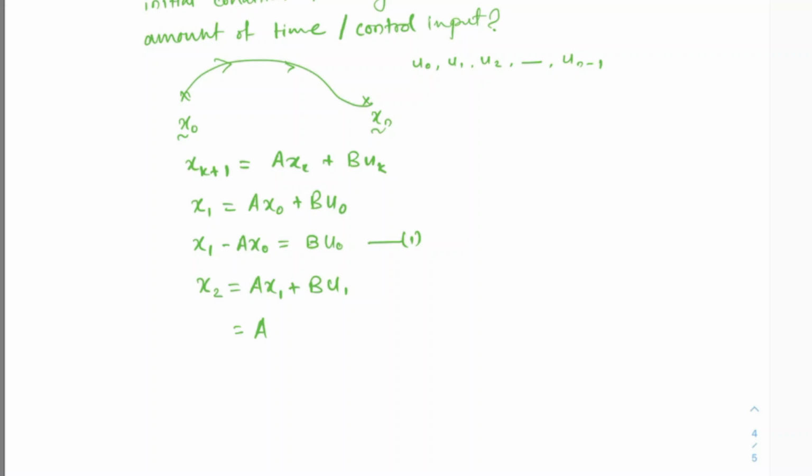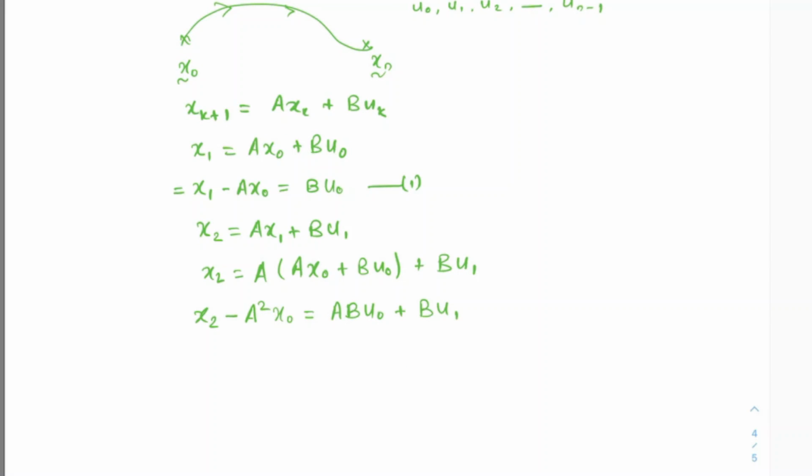then let's see, this would be x2. So if I do x2 minus A squared x0, it equals A B u0 plus B u1.